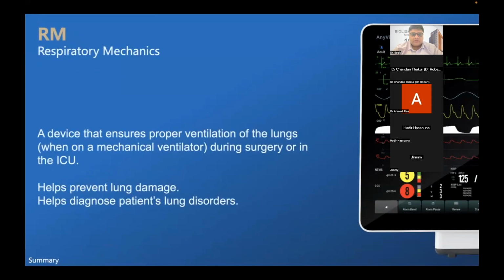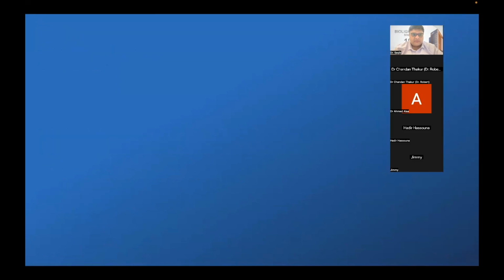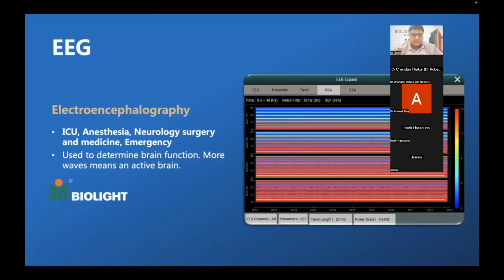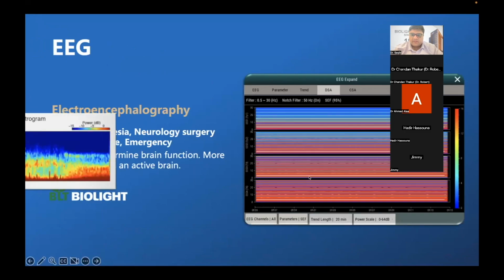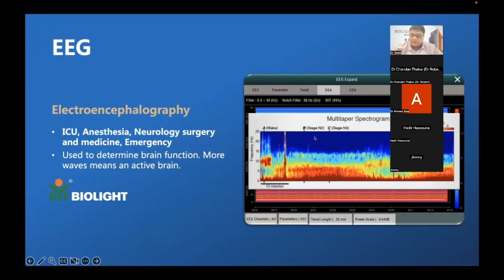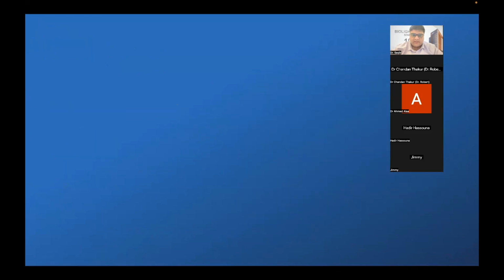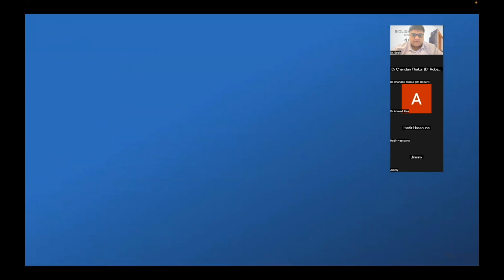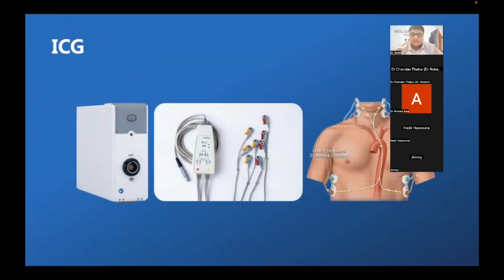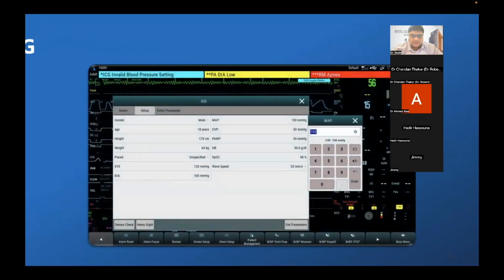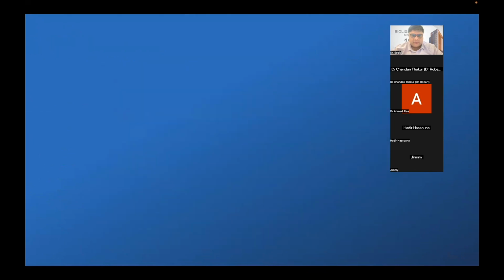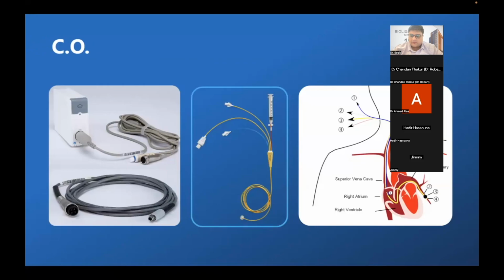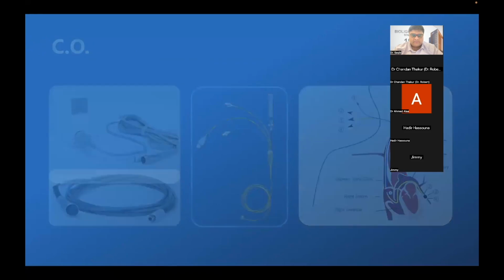Bispectral index, respiratory mechanics, and EEG, which we have our DSA, the multi-taper spectral analysis, and EEG, which we know what the function of this device is, and non-invasive methods of cardiac output monitoring, like impedance cardiography, ICG, and invasive methods also, like this one. So this is with the Swan-Ganz catheter.